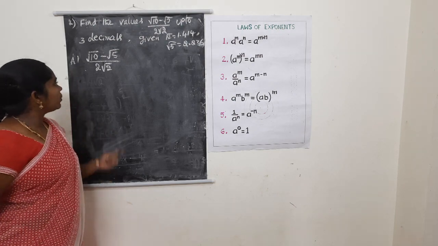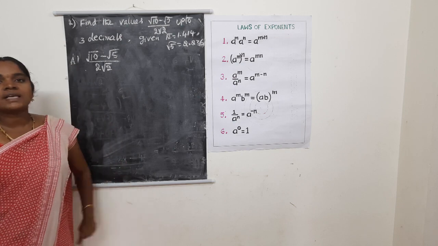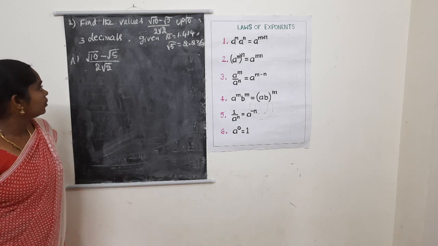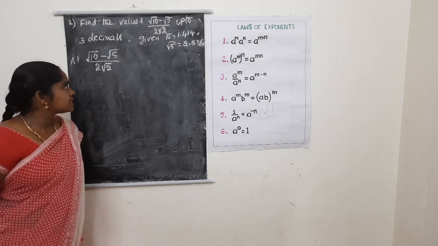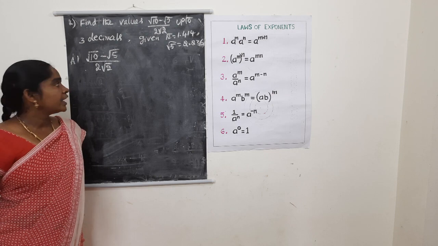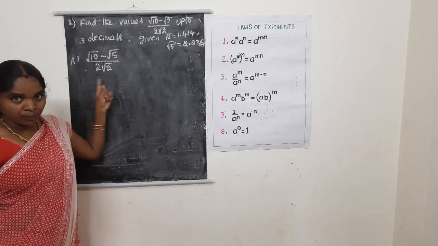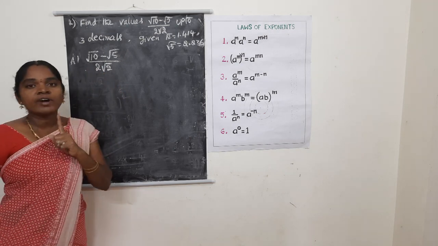Students, in the denominator we have 2 root 2. 2 root 2 is an irrational number. How to rationalize this irrational number? We need to multiply with the same number. This is not a binomial expression; the denominator has only one term.